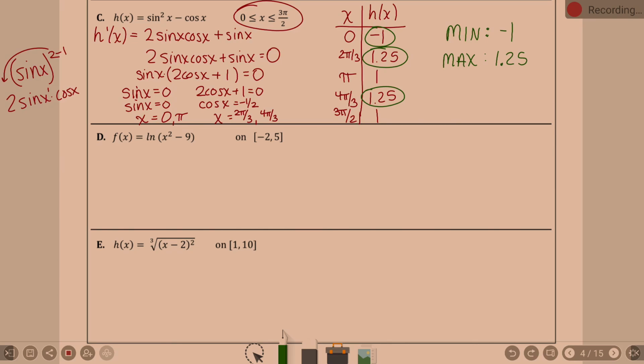The other option is to do parentheses, sine of x, end, squared.